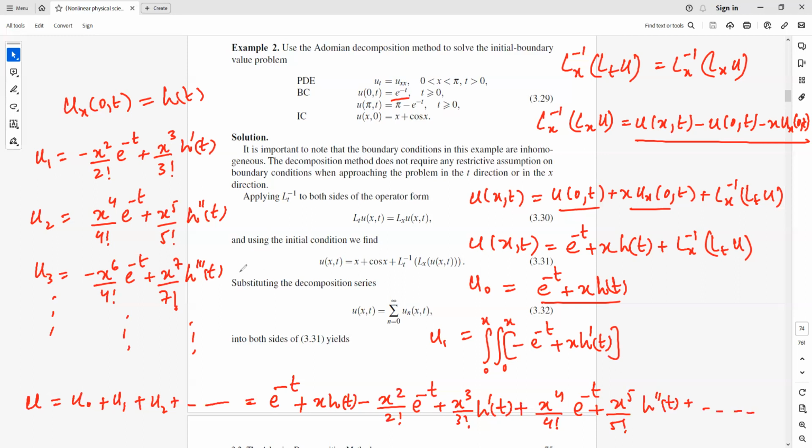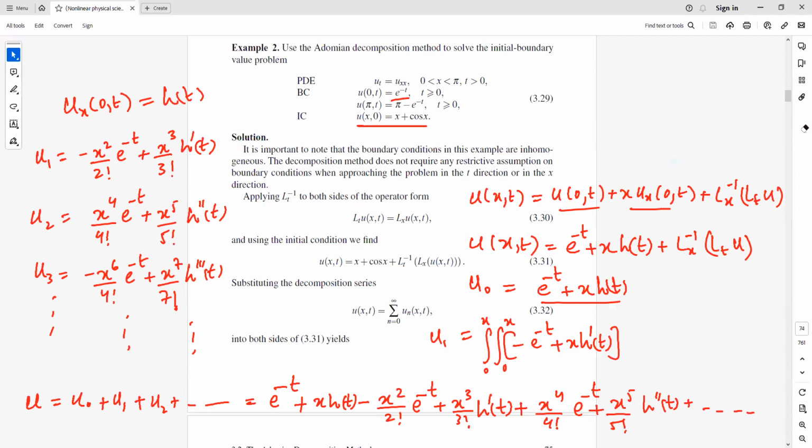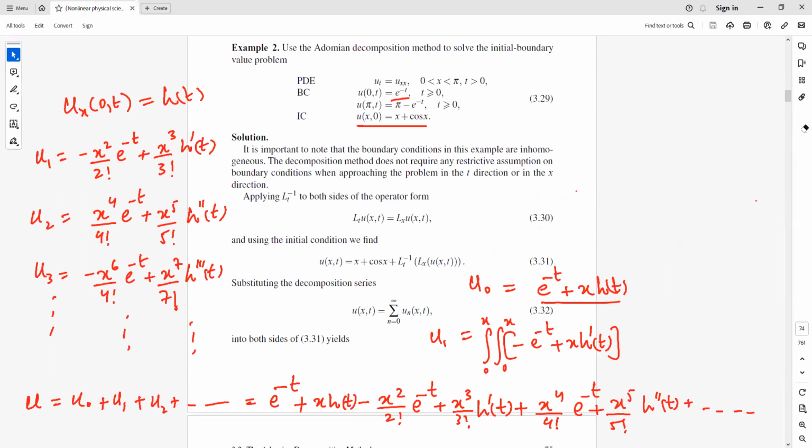Now to find h of t, what we can do is we can use this initial condition, right? So let's use the initial condition. So we have u of x comma 0.